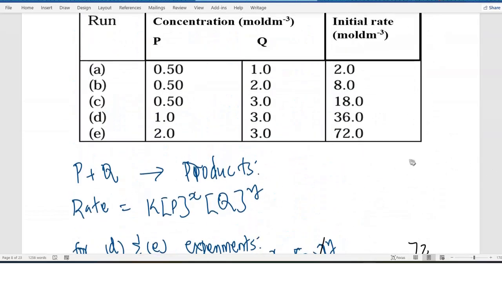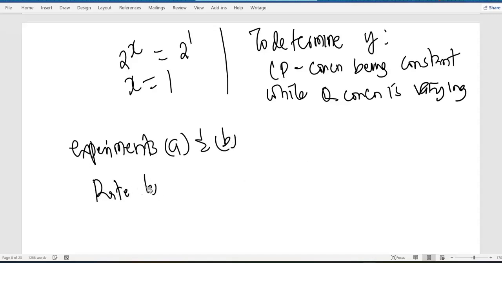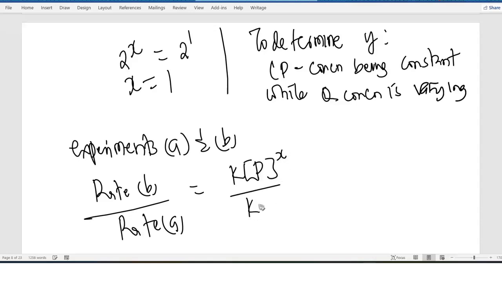We can take, for example, A and B. So if we take experiments A and B, we'll find that the rate of B divided by rate of A will equal K times the concentration of P to the X divided by the concentration of P to the X, times the concentration of Q to the Y divided by the concentration of Q to the Y. Maybe I call this Q at B, P at B, this at B, this at A, and this at A.